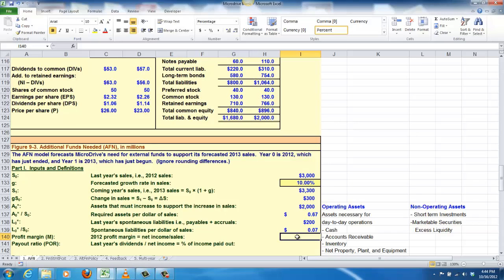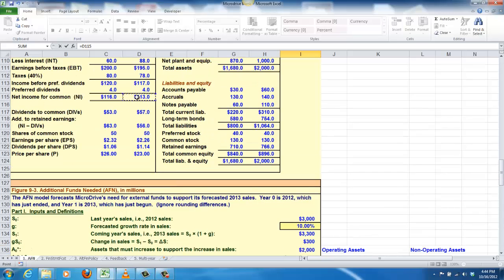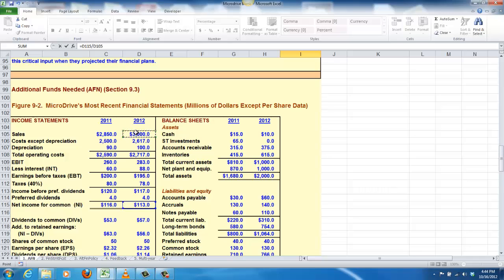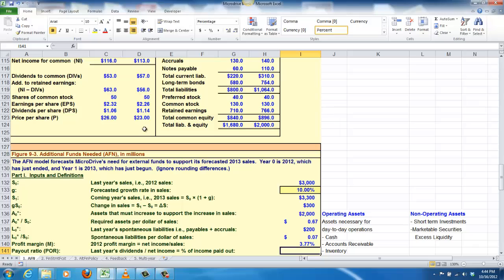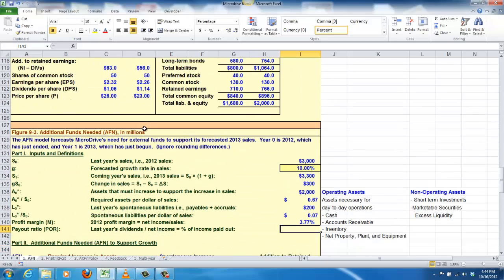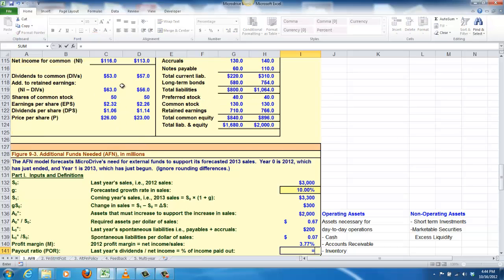Next is our profit margin. That's denoted in your textbook as M, and that's equal to our net income divided by sales, or 3.77%. And then our payout ratio is equal to last year's dividends.